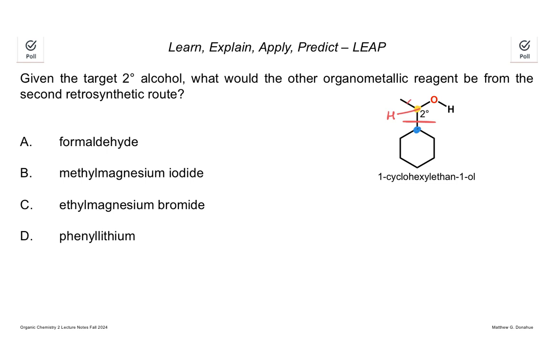So say we want to chop right there. That's going to get us one carbon. So this would be CH3MgBr. And then everything else has to come from the aldehyde.